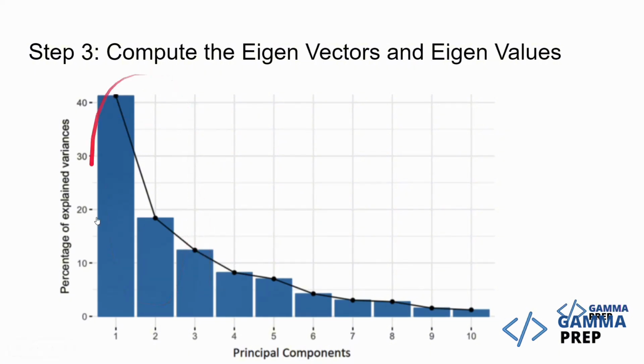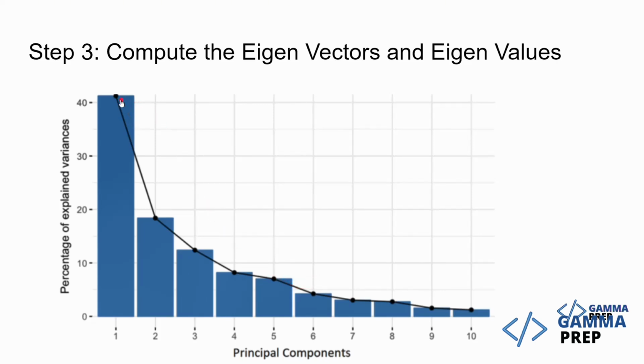So if you just take the first 3 principal components and disregard the others, then only 3 new features are going to have 70% of the information. Obviously you are losing some information, but you are reducing the number of features, which makes your model, your data analysis, and your visualizations simple.